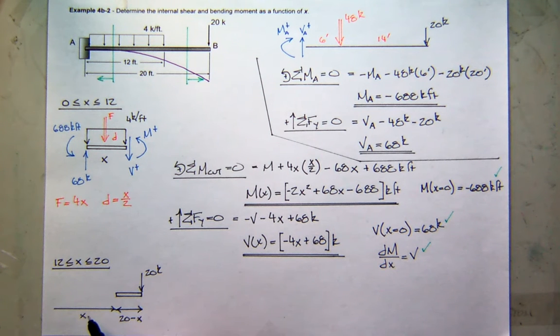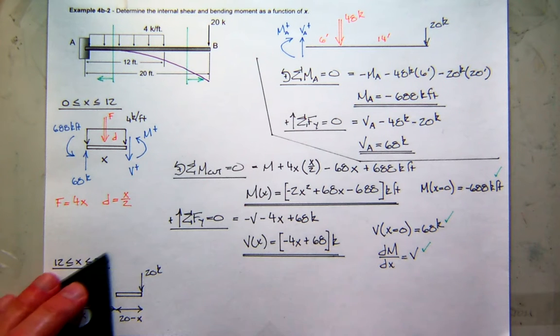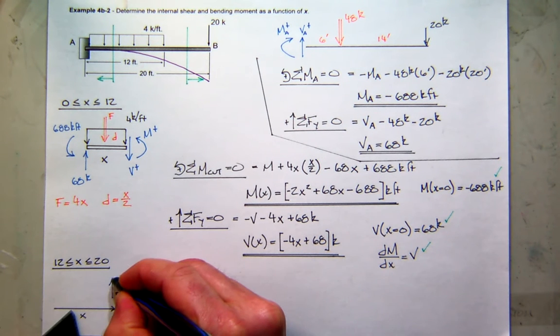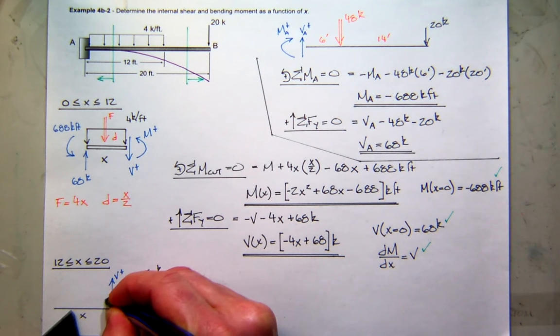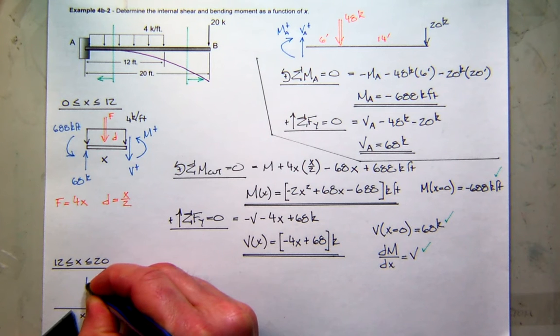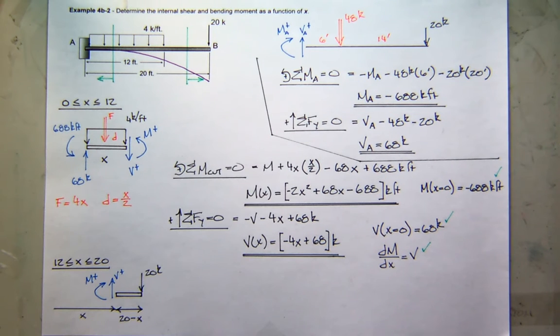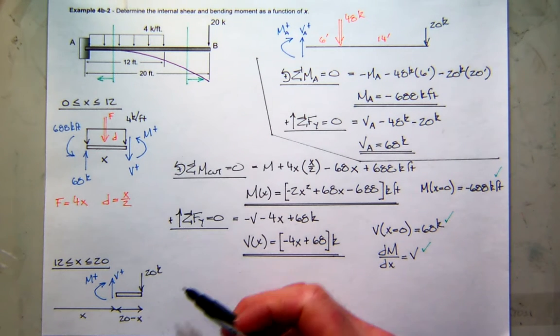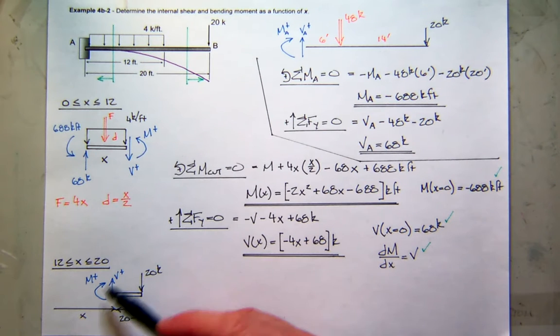And you can see for any x value, if you add these two segment lengths together, you get 20. So that's good. So now I'm going to assume at my cut surface positive shear force and positive bending moment, and I can apply my two equations of equilibrium to this free body diagram, and I should get those results.